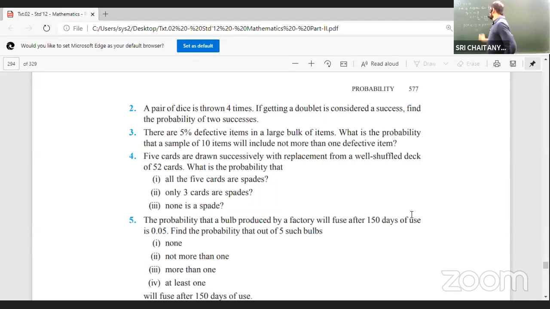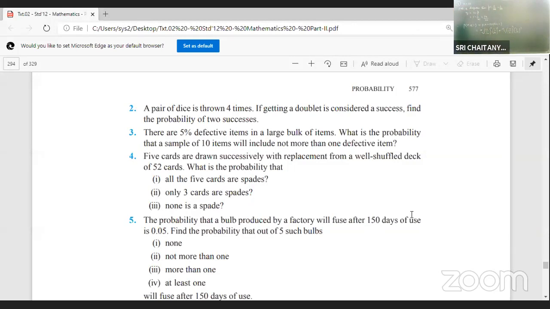P of x equal to 0 value is 10c0 into q to the power of 10 minus 0, into p to the power of 0, plus 10c1 into q to the power of 9 into p to the power of 1.